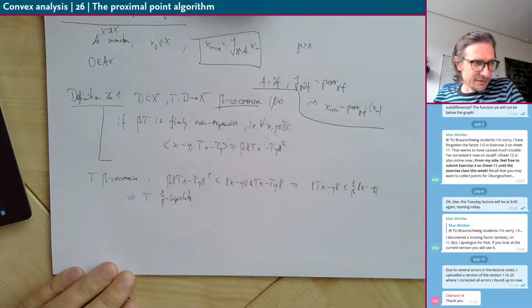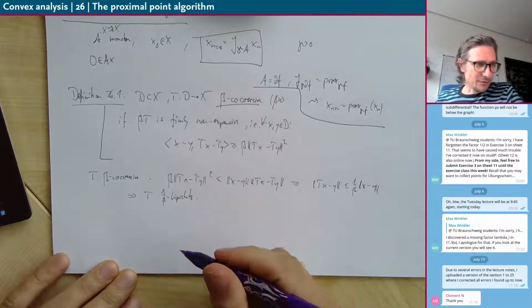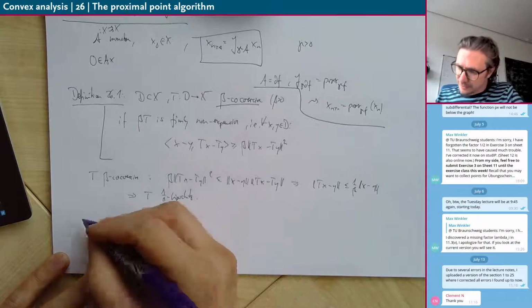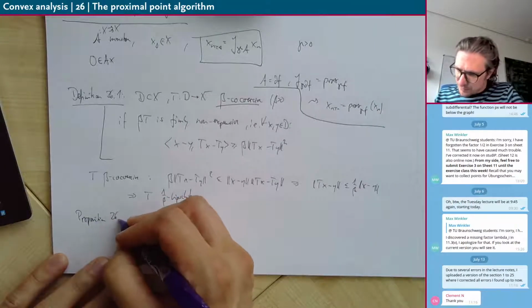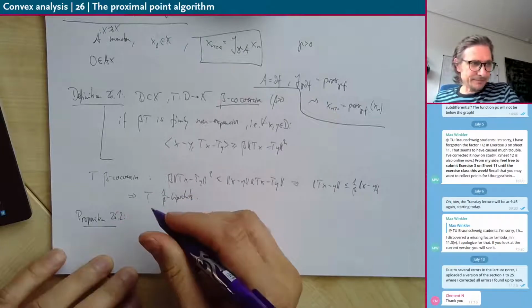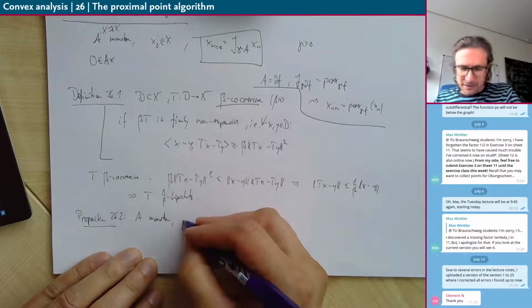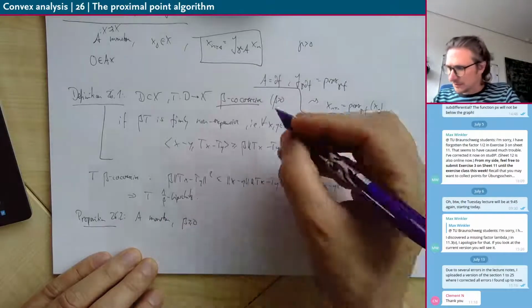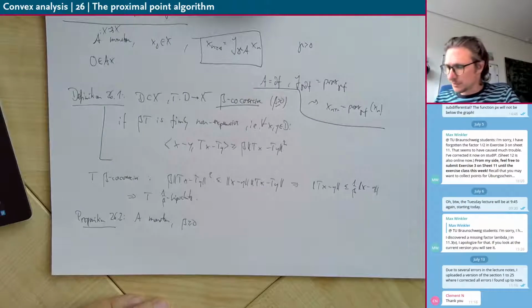Good. And then there's a connection between strong monotonicity of A and the coercivity of the resolvent, and it goes like this. Proposition 26.2. So A is monotone, and beta can also actually be equal to 0, that would be allowed, then it's basically just a non-condition.